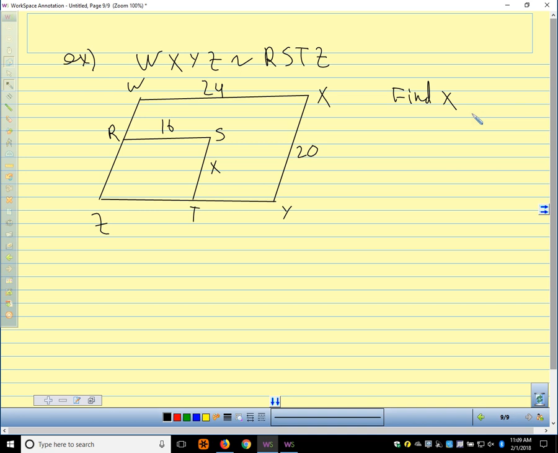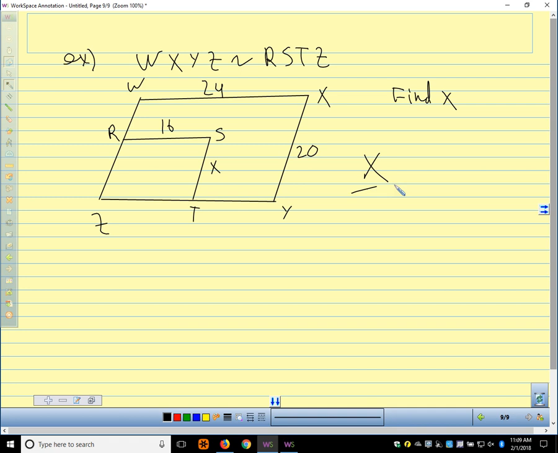So we know that corresponding sides are proportional. We're going to use that to help us solve our problem. We're in chapter 7, trying to solve a problem. When in doubt, what should we do? Write a proportion. So let's compare the sides. What side am I going to compare with x? 20.